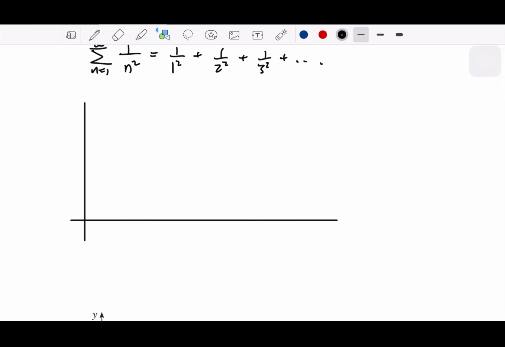If you draw 1 over x squared or 1 over n squared, imagine this starting from n equal 1, 2, 3, and then 4 over there.